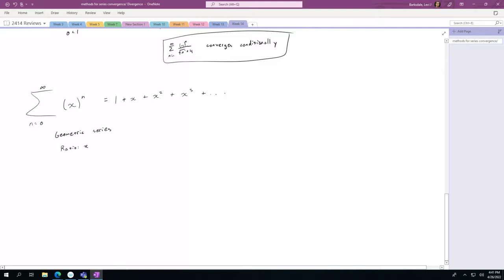Well, not quite. What does the ratio of a geometric series have to be in order for it to converge? In order to converge, it has to be less than. Right. So that means that the absolute value of my ratio has to be smaller than 1. Which means my x value can be between -1 and +1, right? Yeah. Cool.